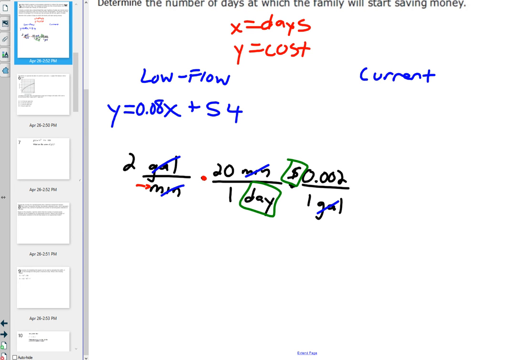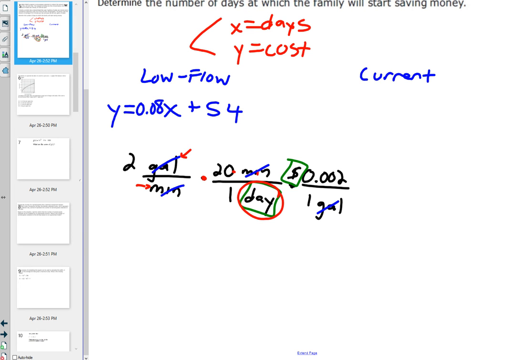So I put the 20 on top. 20 minutes is the same as 1 day. Anything divided by itself is 1. That gets the minutes to cancel, and it leaves me with days on the bottom. That's what I want my ratio to be. But I still needed to convert gallons to dollars, because my 2 variables are cost and days.